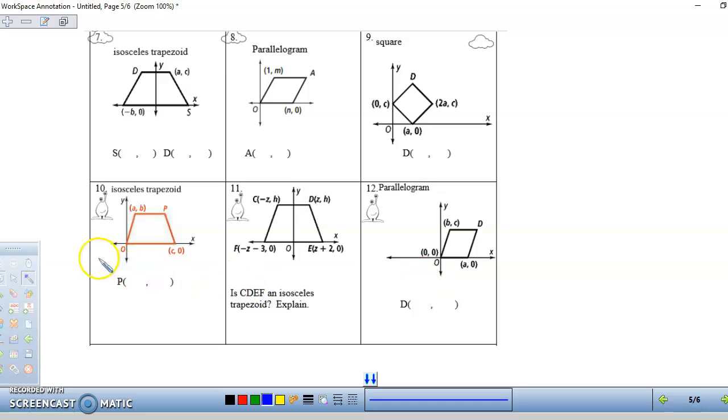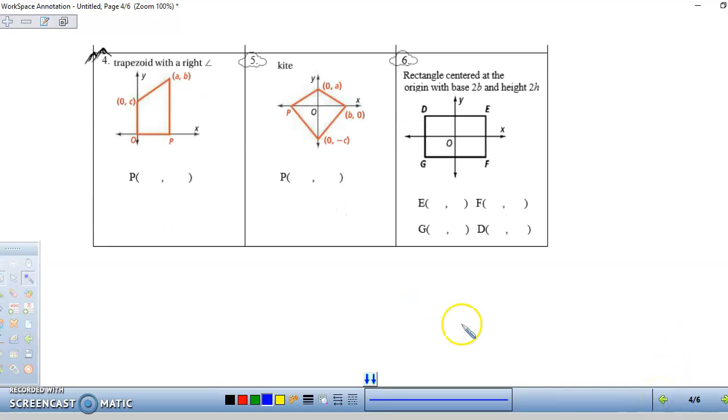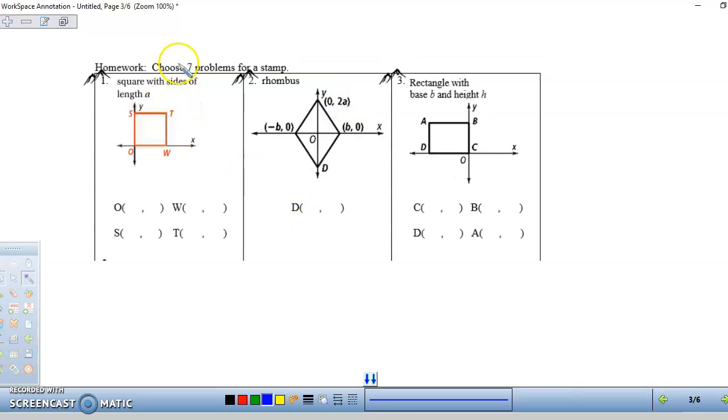And then if you want a challenge, there are some alien questions on the back, including ones that don't even have a graph. So you want to make your own graph here and then try to figure out what shape it is based on the coordinates. Okay, so pick your challenge, but you do need to complete 7 to earn credit.